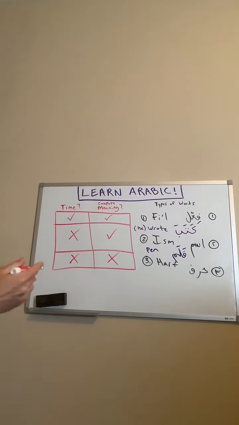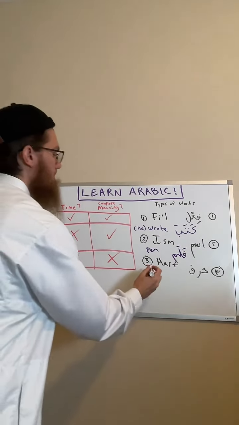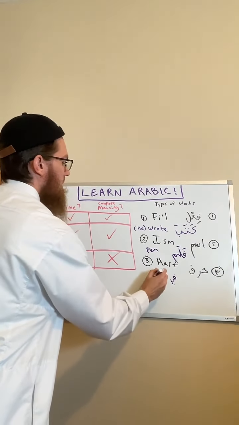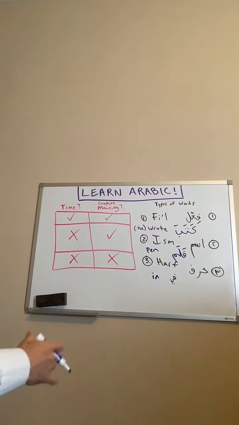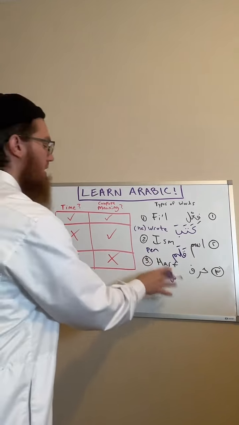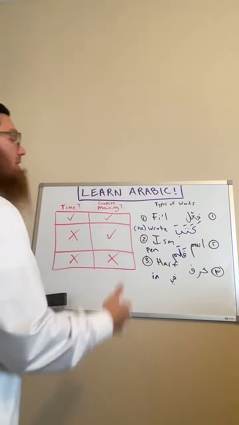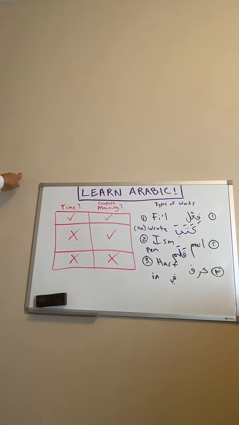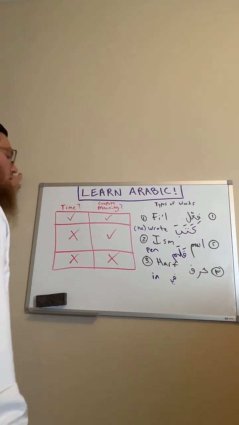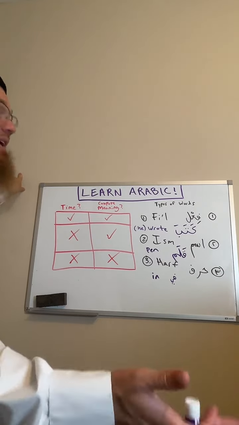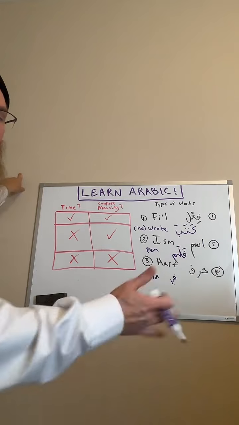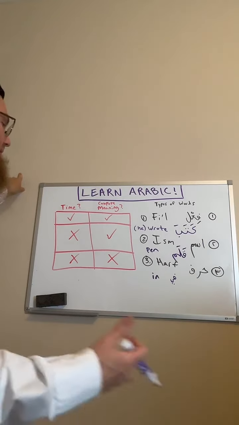An example is fi, which means in. It needs to be paired with, for example, an ism for it to make sense. Fi, in, doesn't make sense on its own, but if you say in the book, in the house, now it has a meaning.